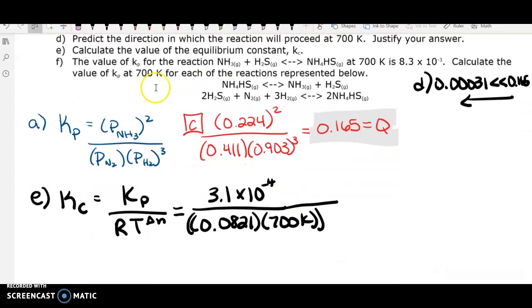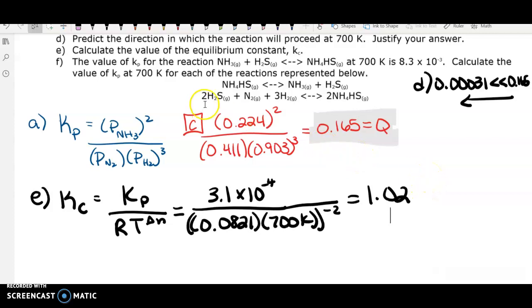So my delta n is -2. Make sure again that you apply that delta n to the quantity of R and T, or the product between R and T. When I do that, I get a Kc of 1.02. And it kind of makes sense that that's going to be close to 1 if it is an equilibrium system.